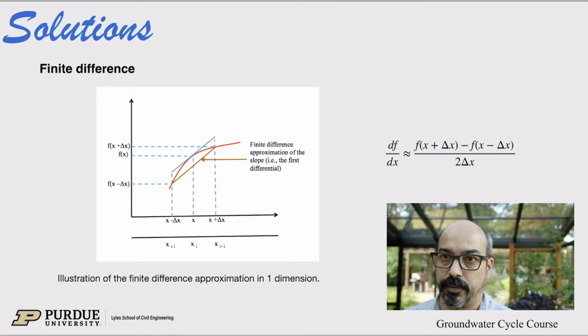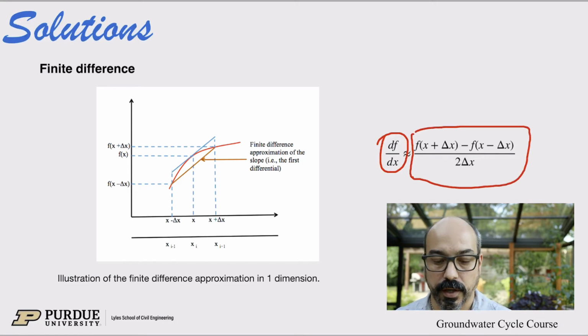On the right hand side we have the differential equation like we've seen in the math so far. Some function of x, df dx, the first derivative. The differential form of this can be approximated by that difference equation here, that is the function at some small distance away minus the function at some small distance before, divided by twice delta x.